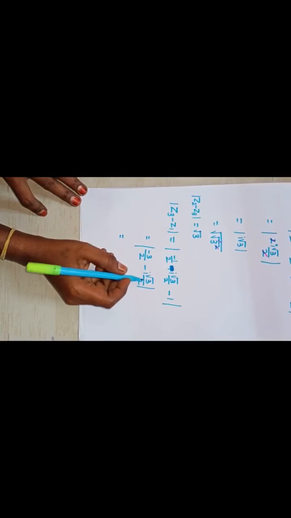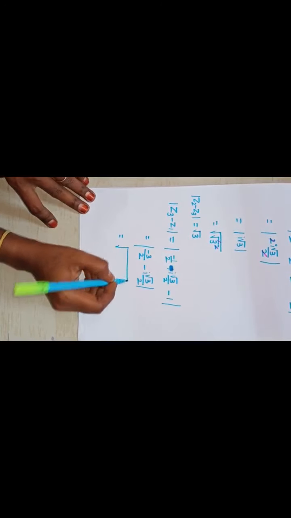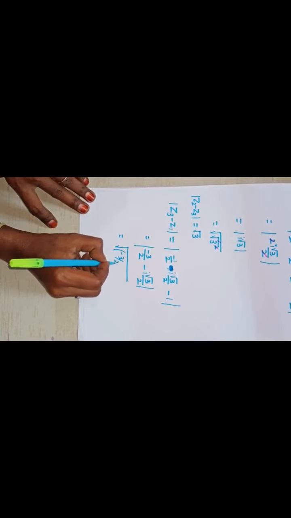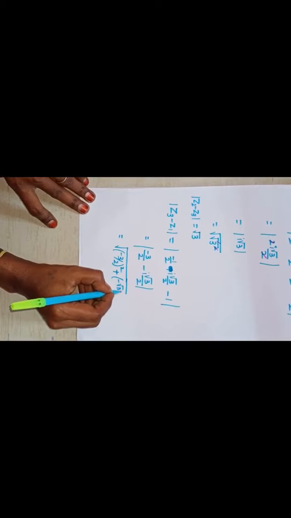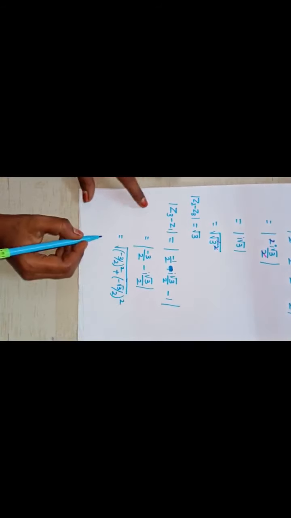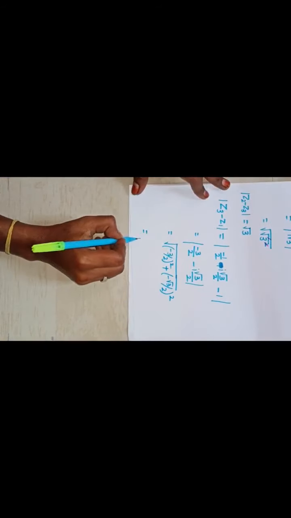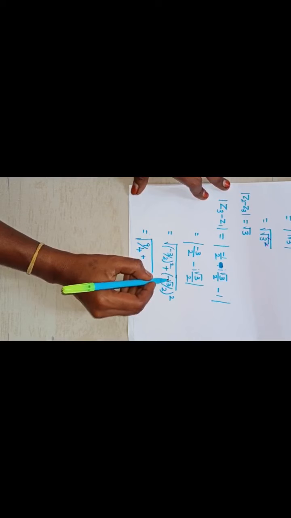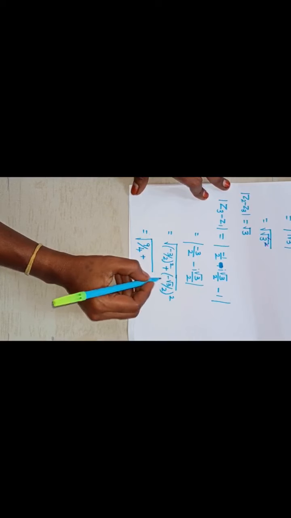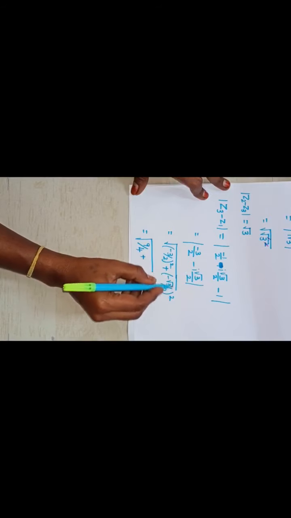Here, having real and imaginary part, so take it as square. Minus 3 by 2 the whole square plus minus root 3 by 2 the whole square. Which is equal to square root of minus 3 squared is 9, 2 squared is 4, plus minus square is plus, root 3 square, square and root cancel.